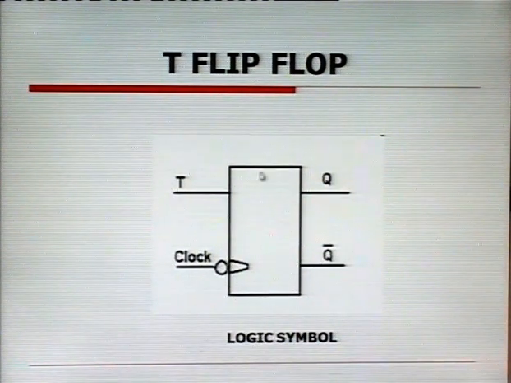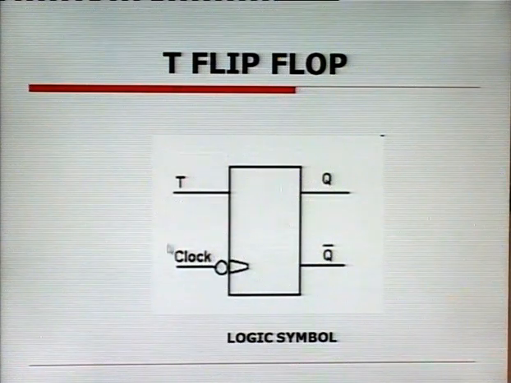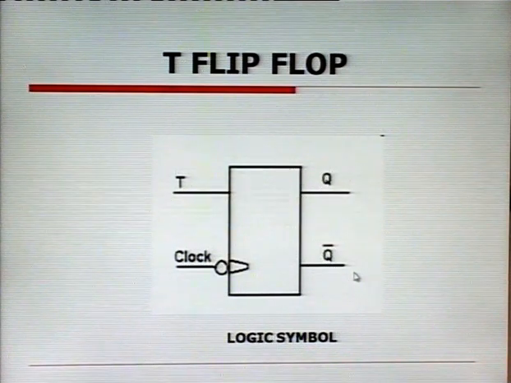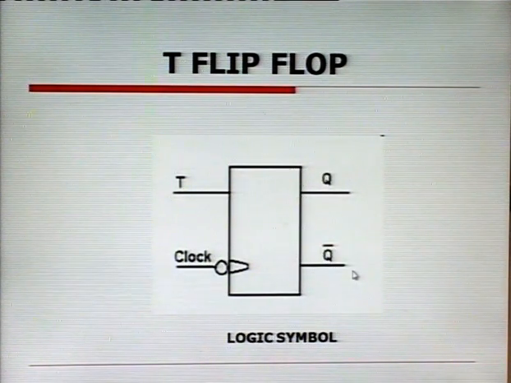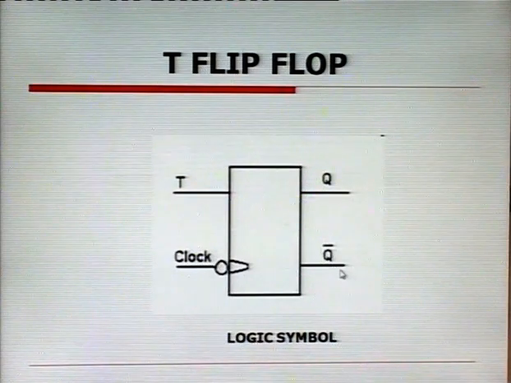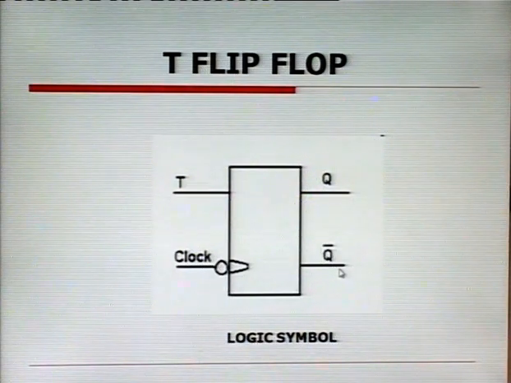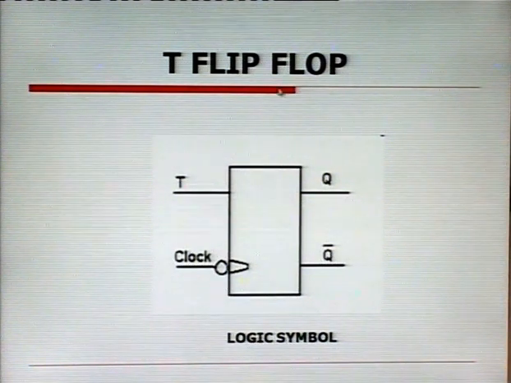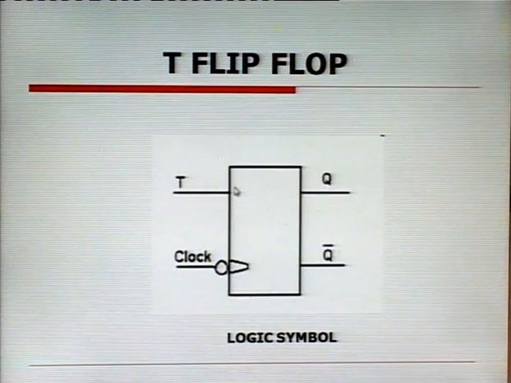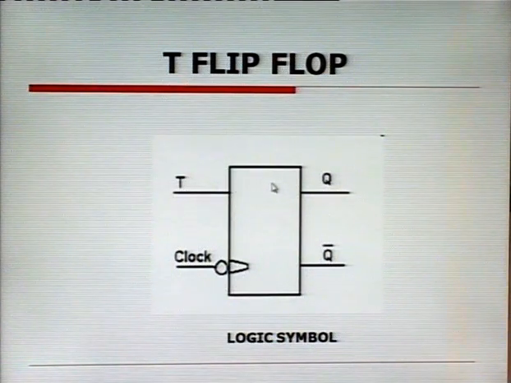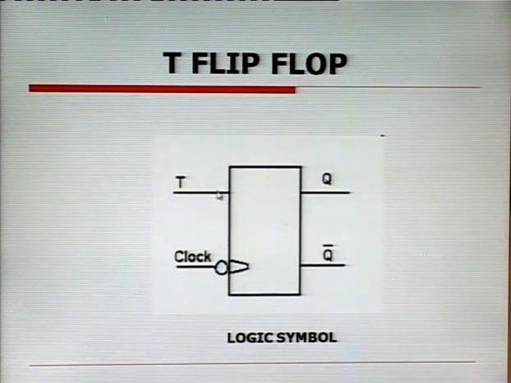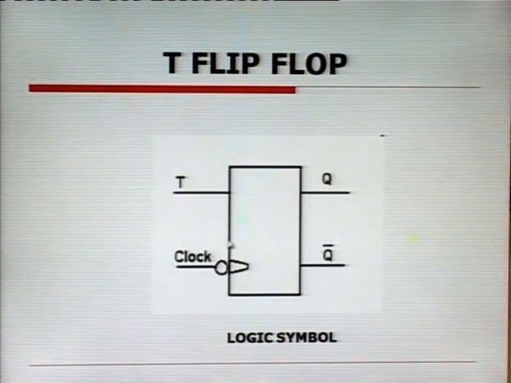So this is a flip flop designed to work only in the toggling mode, in applications where our function of using the flip flop is only to toggle, but not to store data, like in counters and timer circuits. We use the T flip flop. In this T flip flop, we have a T input, and J and K are both tied together and both are kept high. So this is the logic symbol of a T flip flop.